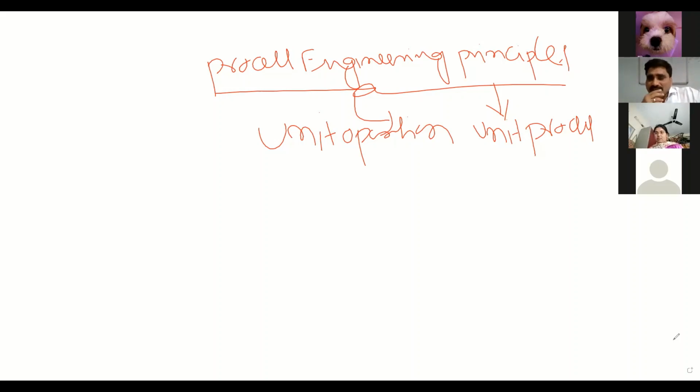What do you mean by unit process? Uma Maheshwari? Unit process means that which deals with chemical changes. That is called unit process.